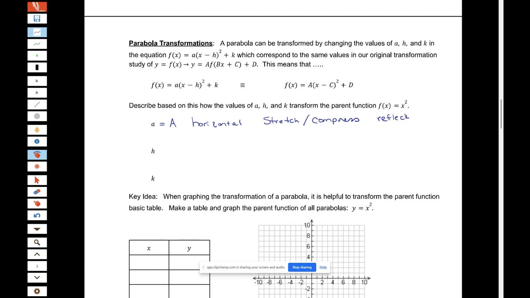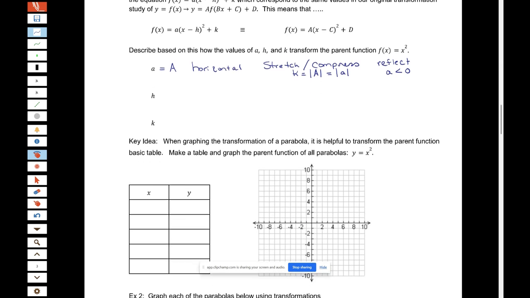Stretch and compress is going to be that the scale factor is the absolute value of a, okay? And reflect is if a is less than 0.